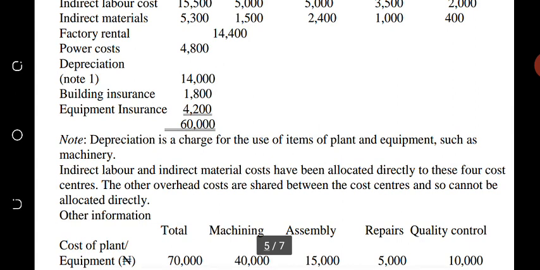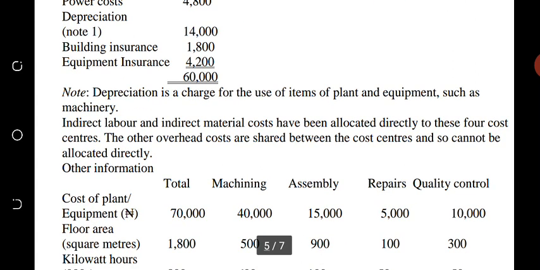So we are given a note. Depreciation is charged for the use of items of plant and equipment such as machinery. Indirect labor and indirect material costs have been allocated directly to these four cost centers.